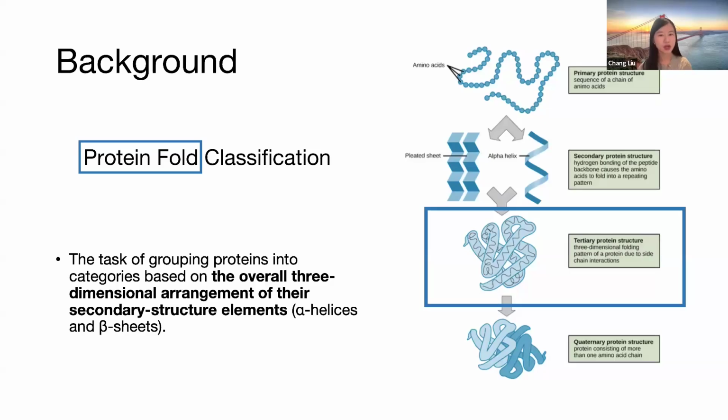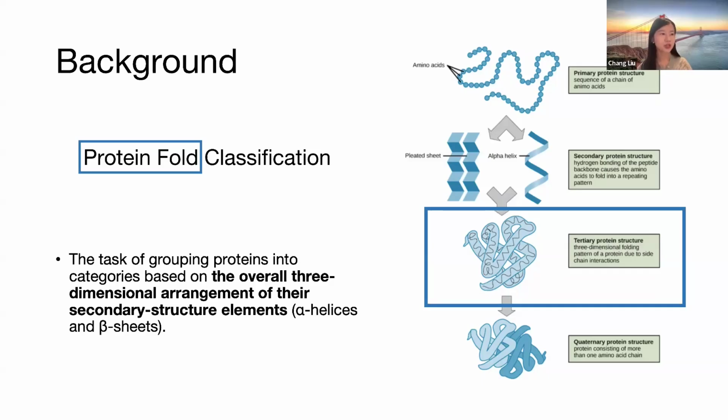In other words, a protein fold is the topology including connectivity and order of secondary structures in proteins. It also represents the spatial arrangement of alpha helices and beta sheets and denotes the overall 3D architecture of the protein domain.